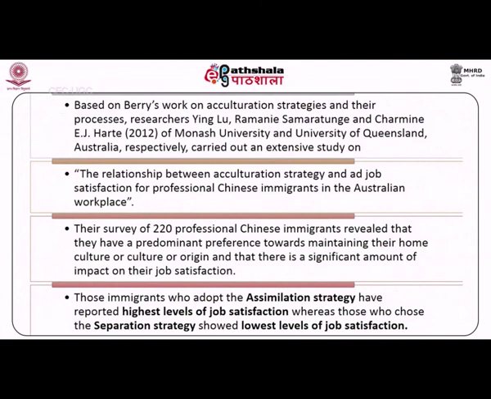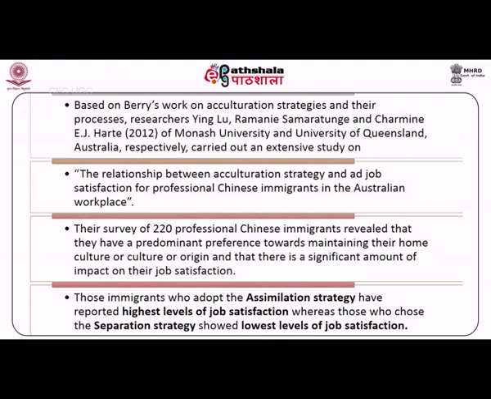Based on Berry's work on acculturation strategies and their processes, researchers Ying Lu, Ramani, Samar Tunge and Shamin E.J. Hate in 2012 of Monash University and University of Queensland, Australia respectively, carried out an extensive study on the relationship between acculturation strategy and job satisfaction for professional Chinese immigrants in the Australian workspace.